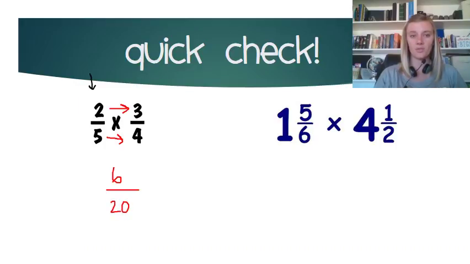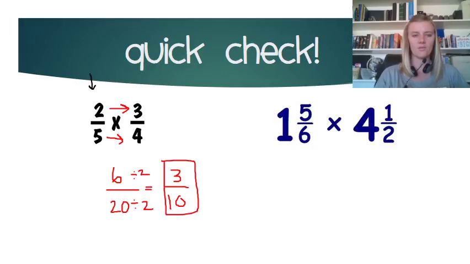We do have to simplify before we can finish up. So 6 over 20 is the answer, but it's not our simplified product. So we would need to divide both the numerator and denominator by 2. They're both even numbers. So 6 divided by 2 is 3, and 20 divided by 2 is 10. So our final product for 2/5 times 3/4 would be 3/10.